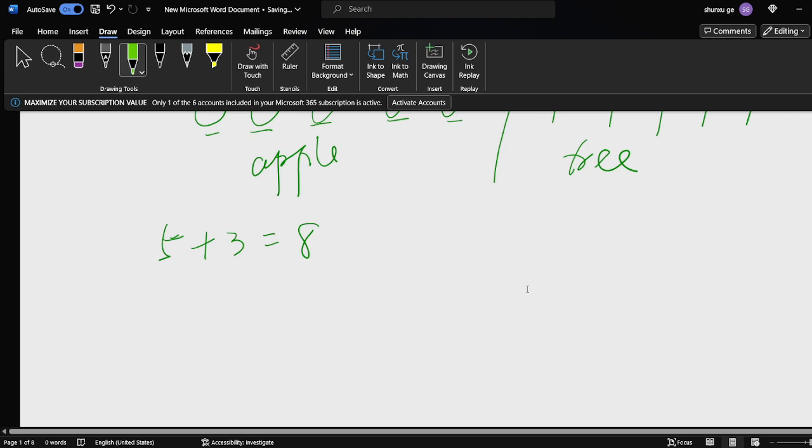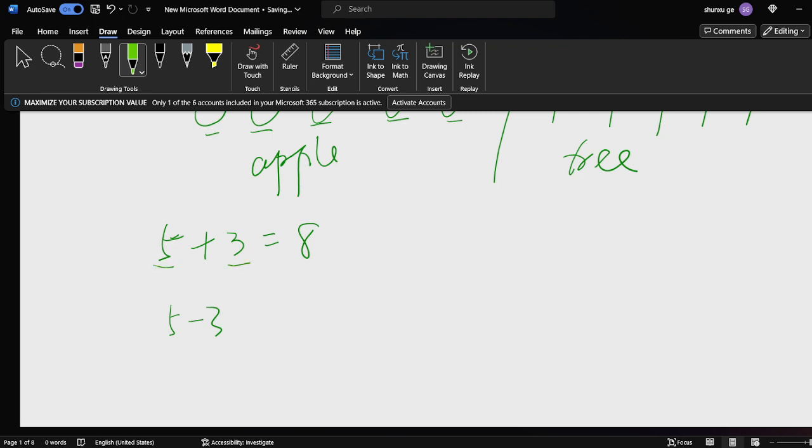So what would 5 minus 3 be? For example, today we buy 5, but then we take away 3. So how many remain? We buy 5 apples, then buy 3, and the total is 8.